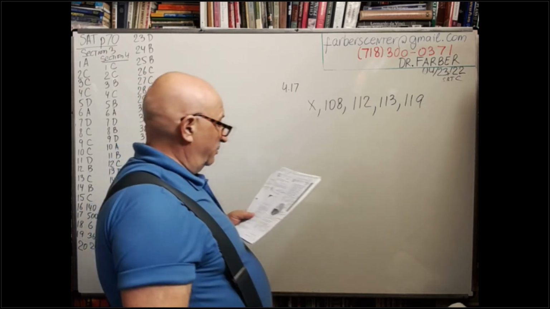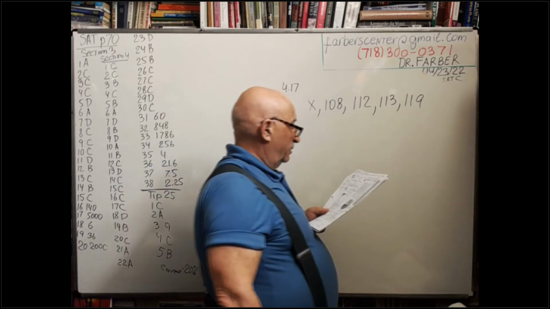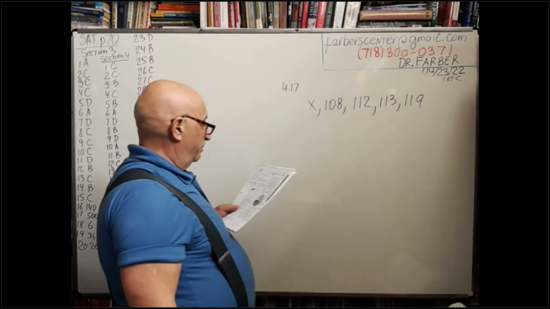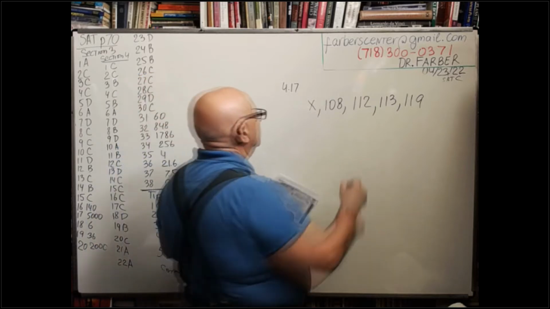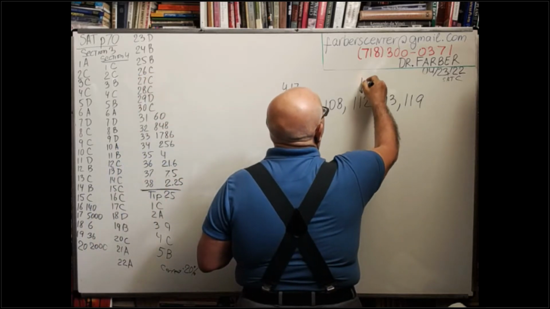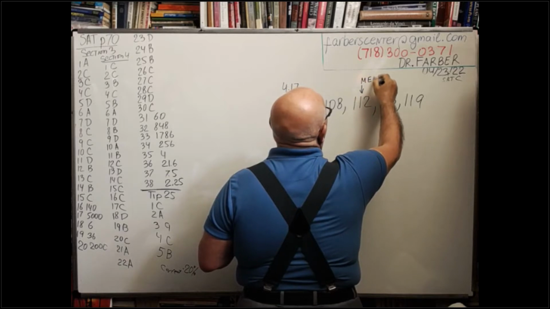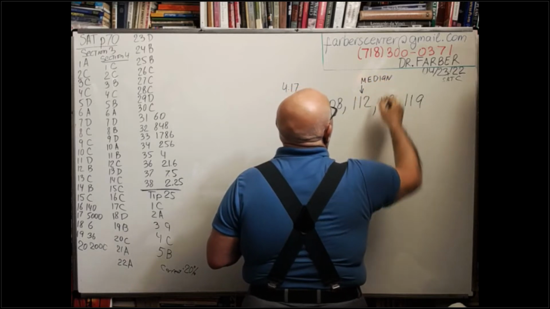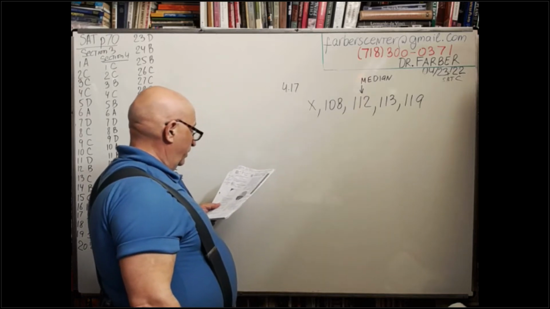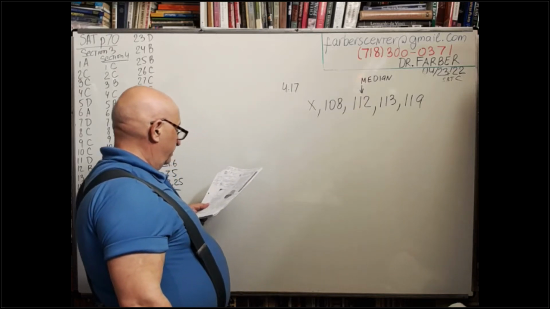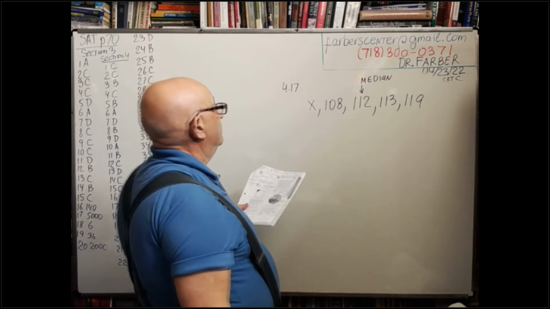This is a list of 5 sixth grade students listed below. 112 is the median. This is the median. Okay. What is the greatest value of x? x is a positive integer.